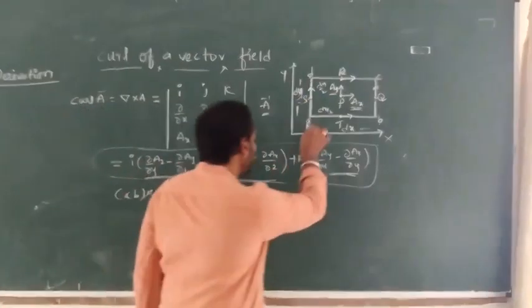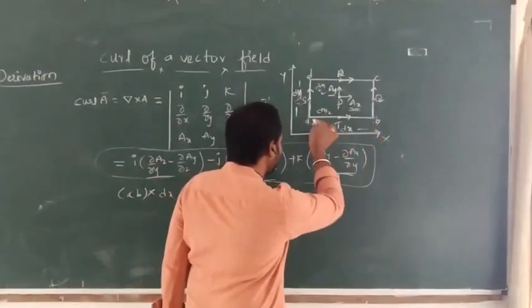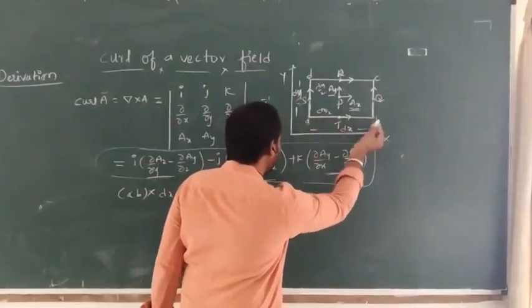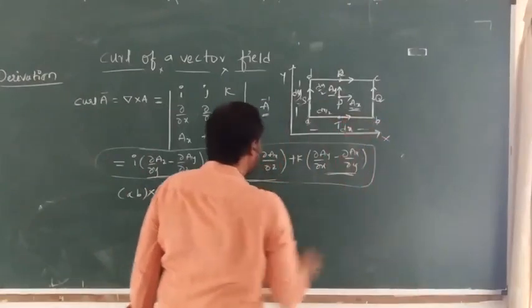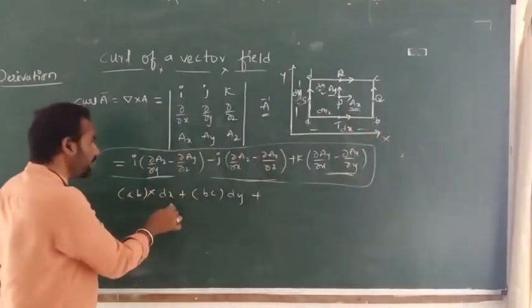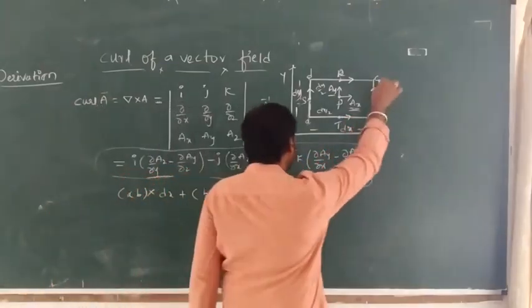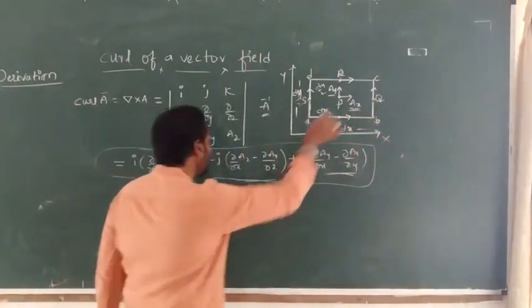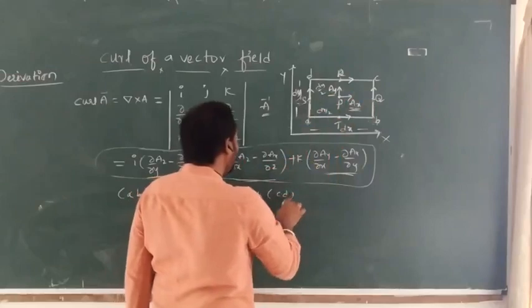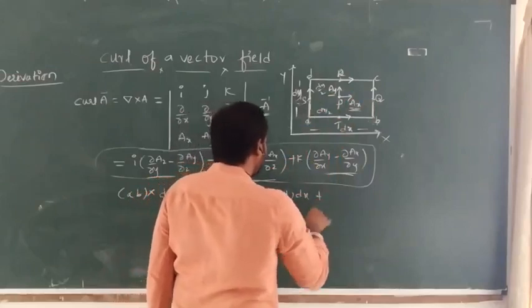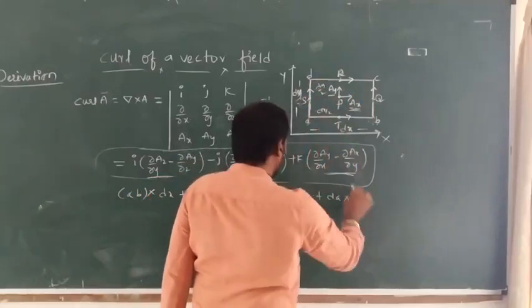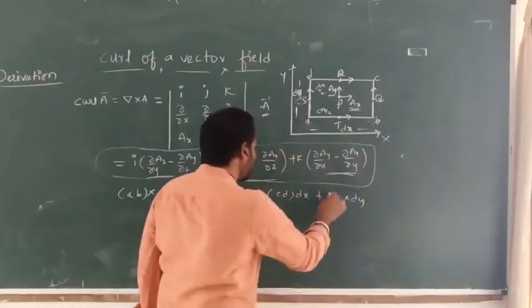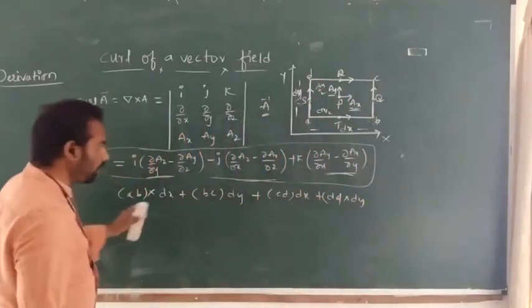The line integral along AB becomes AB into dx. Similarly, BC into dy, plus CD into dx again, plus DA into dy. Like that, we are taking the components.